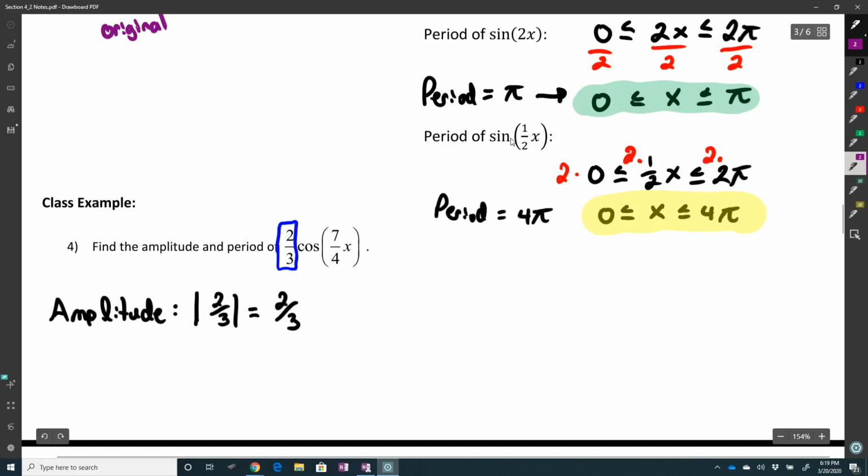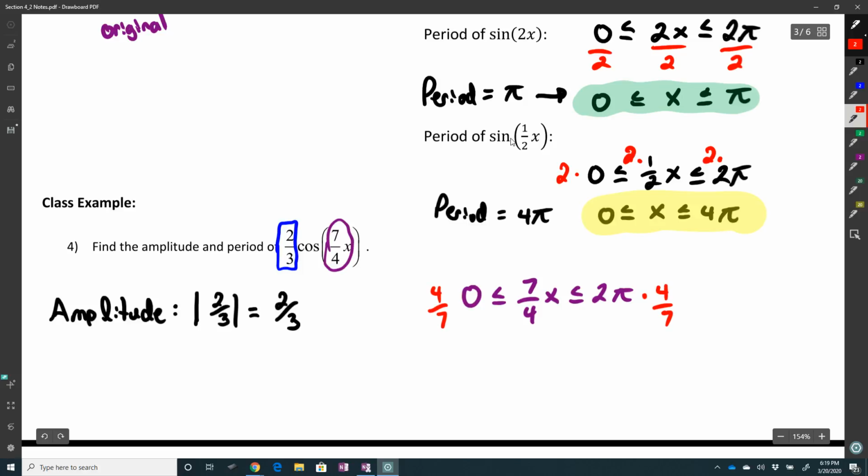And then the period. Notice that I have 0 less than or equal to the inside of the cosine, which is 7/4 x. All I'm going to do here is multiply everything by 4/7. 0 times 4/7 is 0. 7/4 times 4/7 is 1, they cancel each other out.